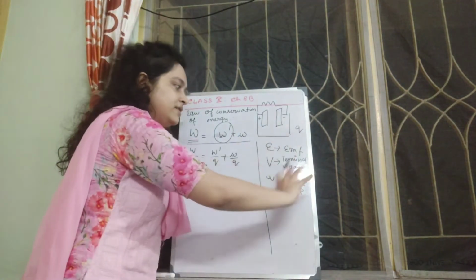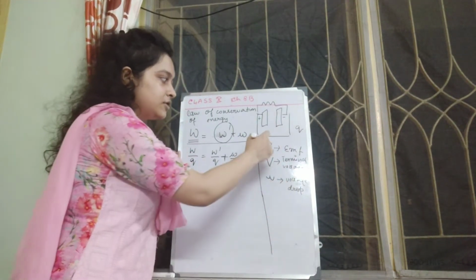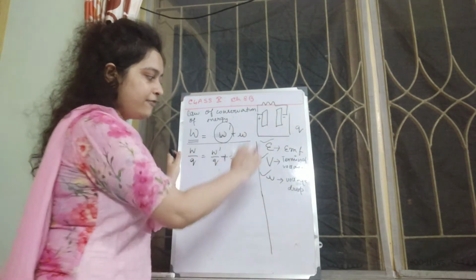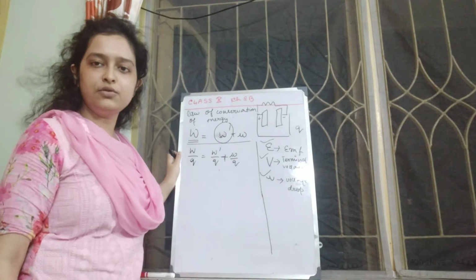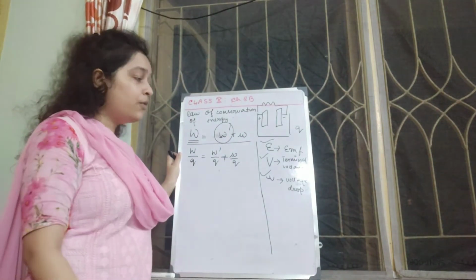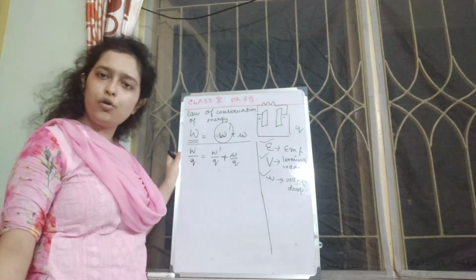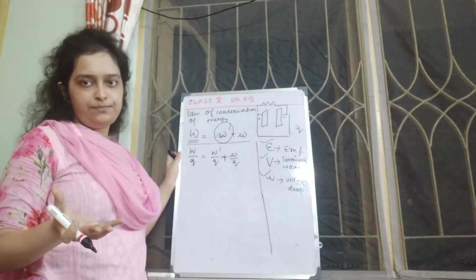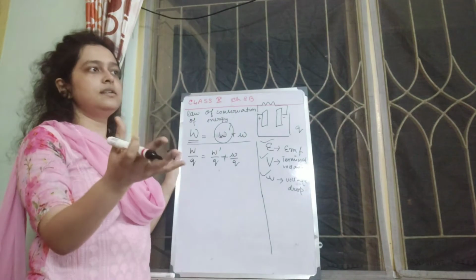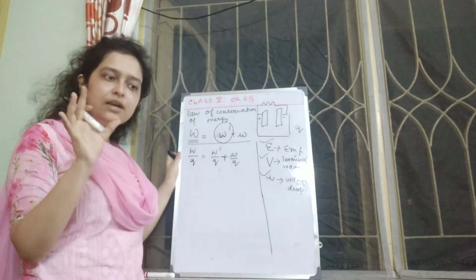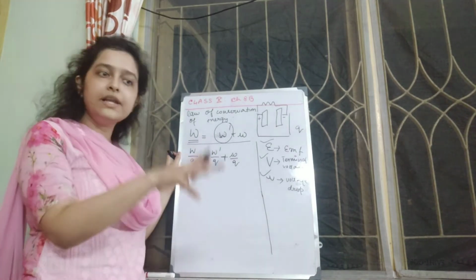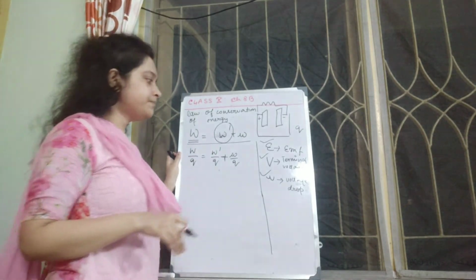They are all potential differences, right? So this also has SI unit volt, this also volt, this also volt. All these things have the SI unit as volt. What about internal resistance? Ohm. Resistance means it has the SI unit ohm. If it is internal or external, that doesn't matter. The unit depends on the physical quantity which you are measuring.